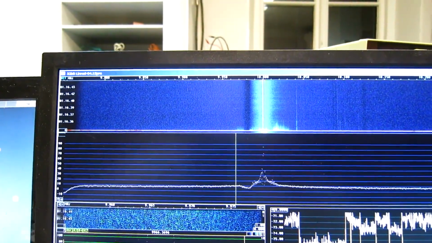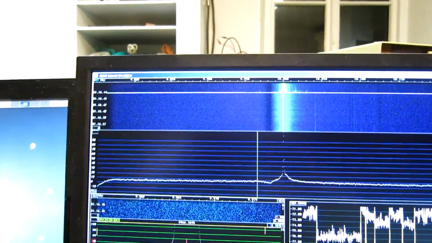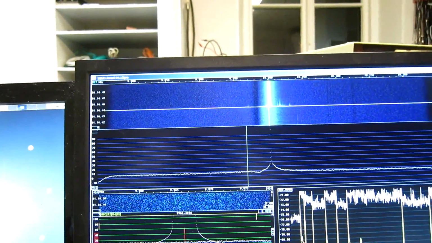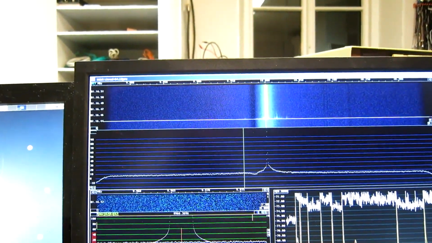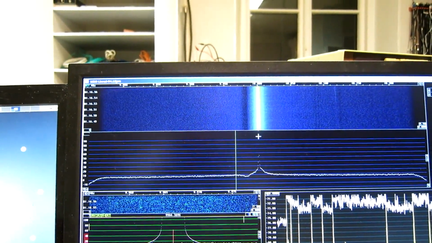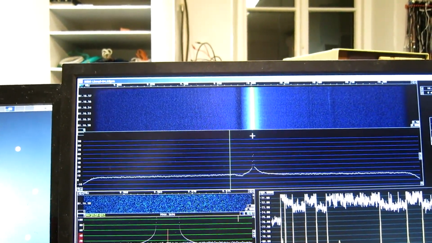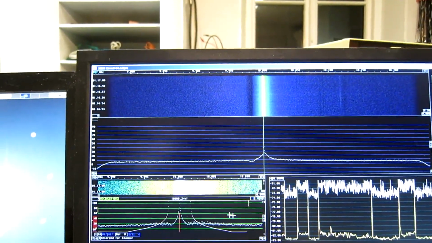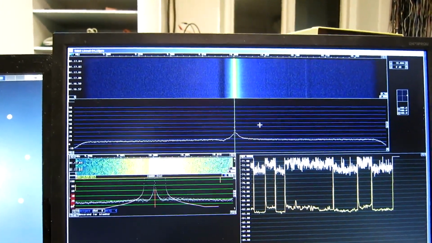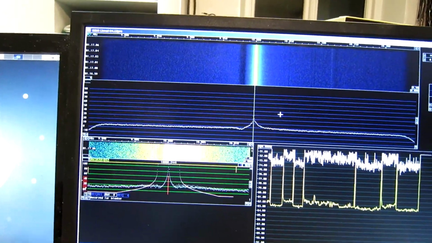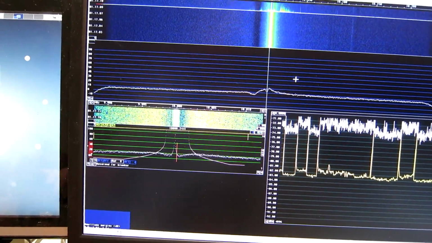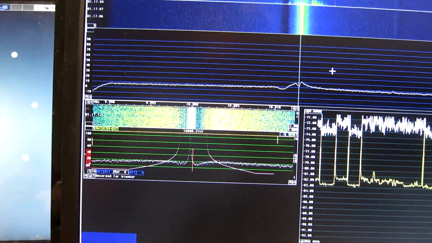And here is the 1 section. Now, do not care about the carrier because the frequency switches a little bit. So the notch is not centered at the same place anymore. I can click on it like that. And then this is the 1 section. And here is the 2 section.